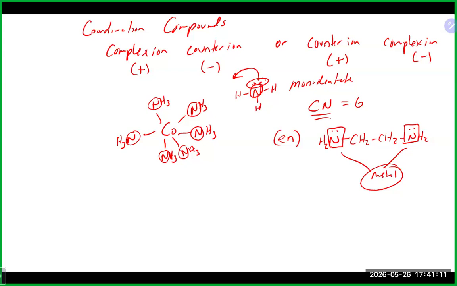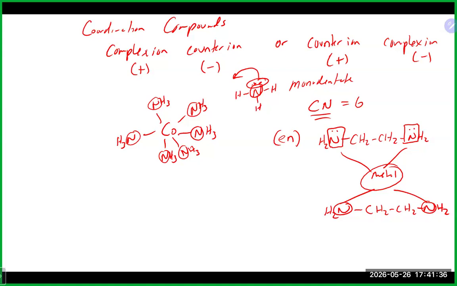For every molecule of ethylenediamine, or en, you get two coordination numbers. So if you had two of those attached to a metal ion, the coordination number would not be 2, but 4, as each of these nitrogens would attach to give you 4 total.